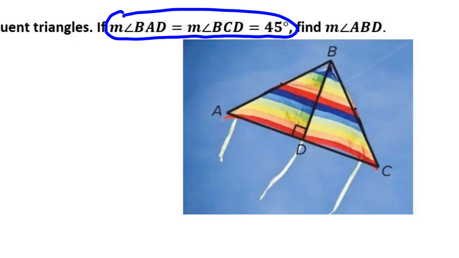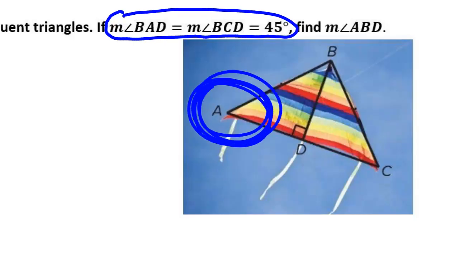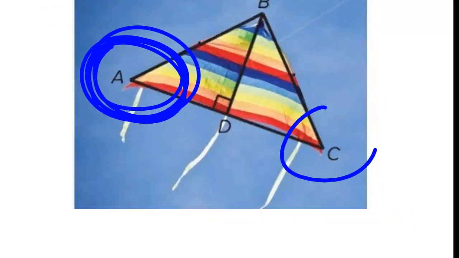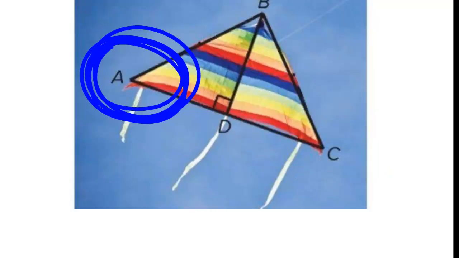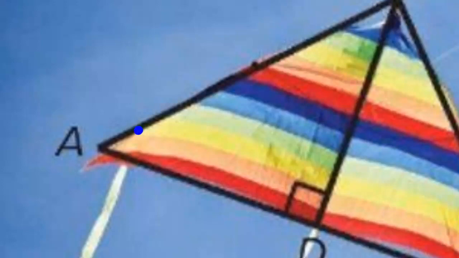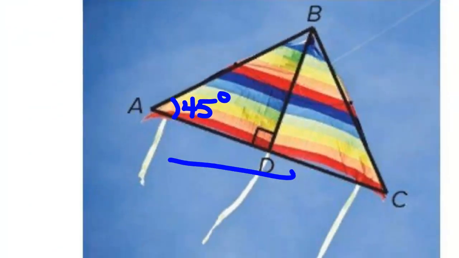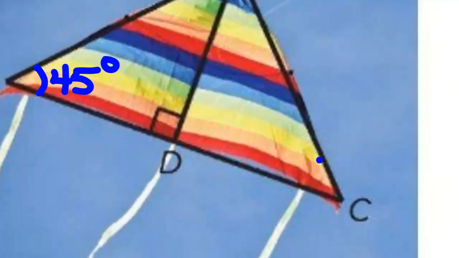Angle BAD is this angle right here, and angle BCD is this angle over here. And it says they're both how big? 45. So I'm going to mark this angle as 45 degrees. And I'm going to mark this angle as 45 degrees.